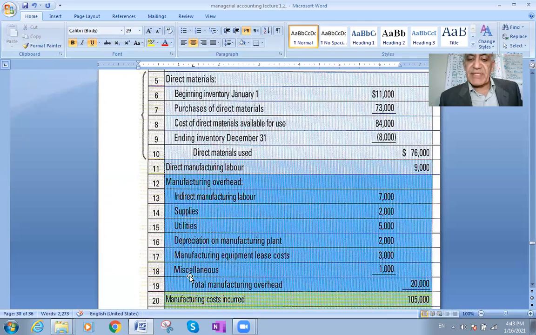So we call this miscellaneous. Newspaper for the whole management, all of those are miscellaneous. So those all together come to how much? 7 and 2, 9, 9 and 5, 14, 14 and 2, 16, 16 and 3, 19, 19 and 1, all together 20.